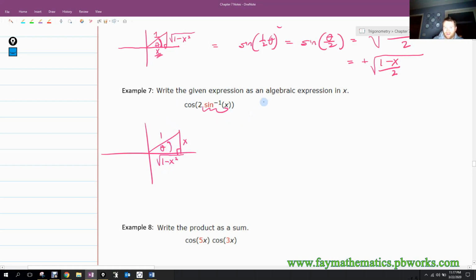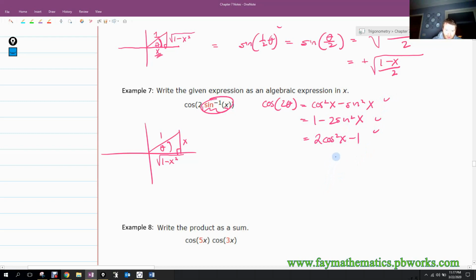So now I'm looking at cosine of 2 theta, because that's what this turns into. Sine inverse of x gives me that theta. Now I just have to figure out which one I want to use. Do I want to use cosine squared x minus sine squared x? Do I want to use 1 minus 2 sine squared x? Or do I want to use 2 cosine squared x minus 1? It doesn't matter. Each one of these is fine. They're going to give you the same thing.